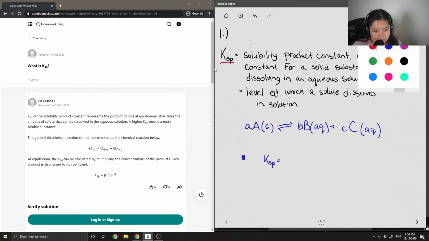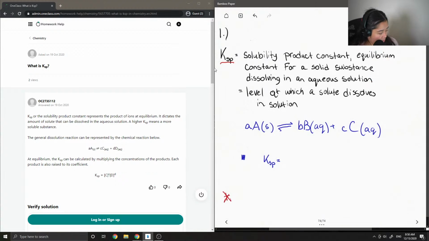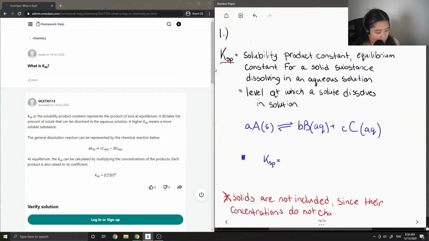And I'll just write that note down here that the solids are not included. And this is because their concentrations do not change the expression.